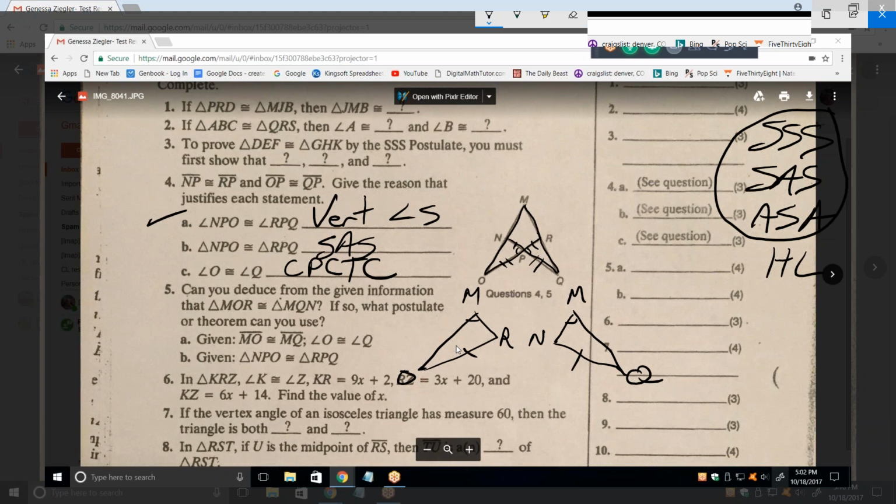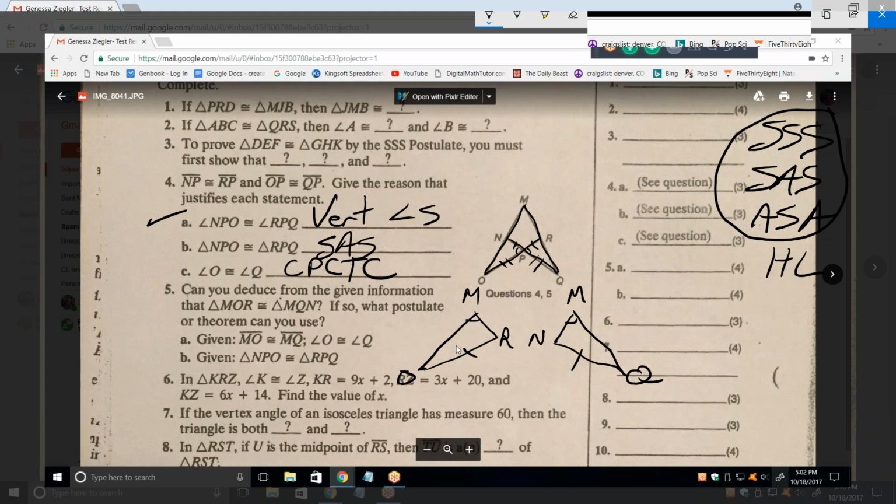Actually, it's the segments. In other words, OR is made up of two segments, the double hash and the single hash. And NM is made up of two segments, a single dash and a double dash. So you can't use CPCTC yet because we haven't proved these two things are congruent.